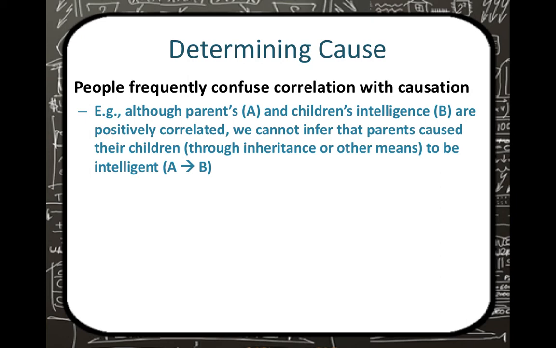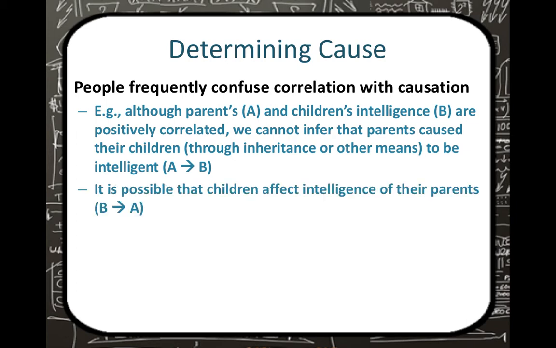Although parents' and children's intelligence are positively correlated, this is something they found in studies, we can't necessarily infer that the parents cause their children to be intelligent. Just because parents who are smarter tend to have kids who have higher intelligence doesn't mean that one directly caused the other, right? For example, through inheritance. It could be that children affect the intelligence of their parents, right? I guess theoretically, it could be that.